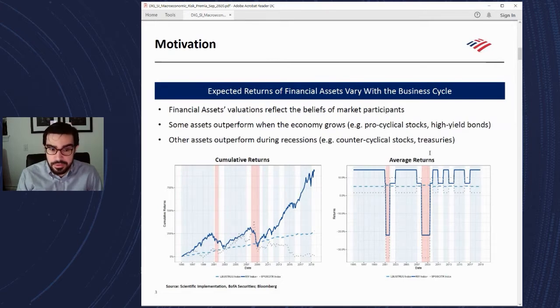Those are counter-cyclical assets. As you can see at the bottom left graph, the average returns of equities, fixed income securities, commodities differ depending on which phase of the business cycle we are in. So this is something that we wanted to explore further in a proper framework.